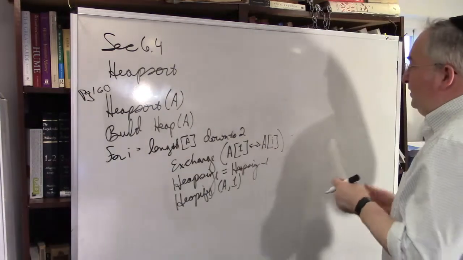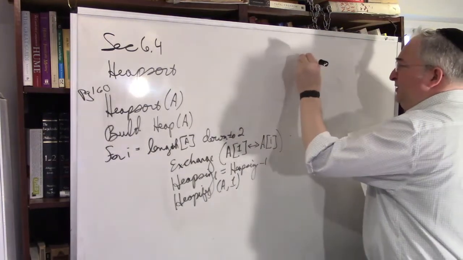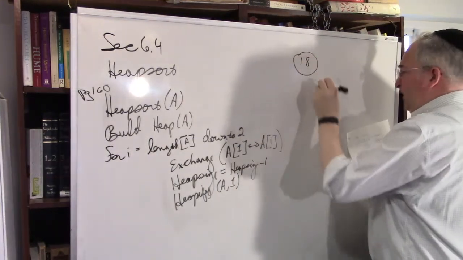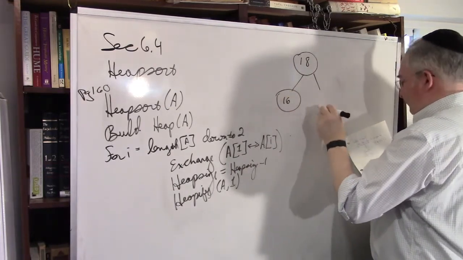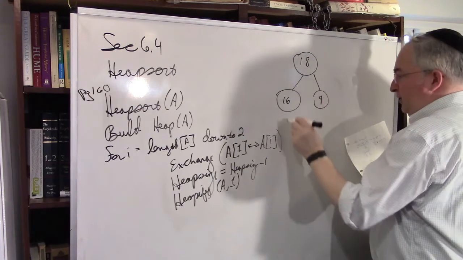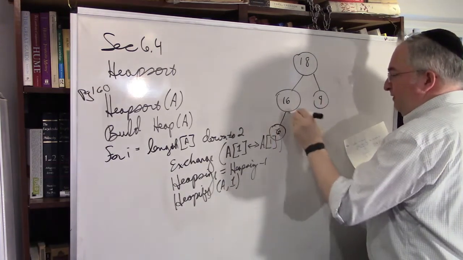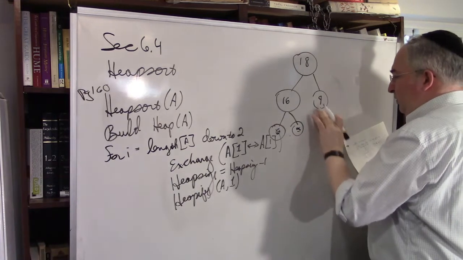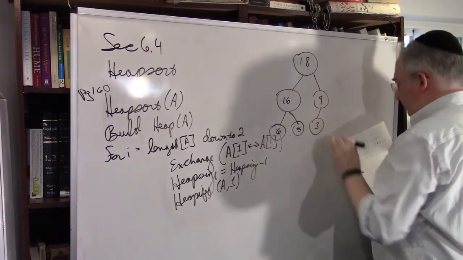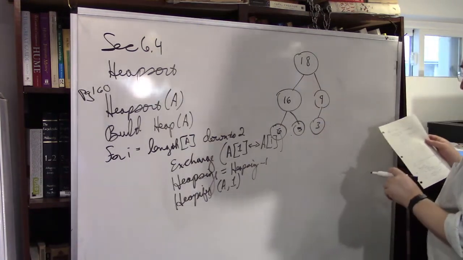Okay, and the idea is as follows. Take this. Here's a nice heap. 18, 16, 9, 6, 5, 3.